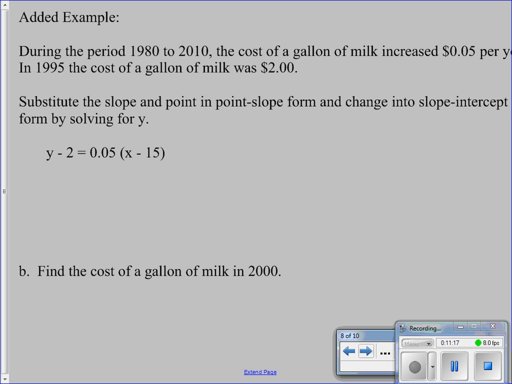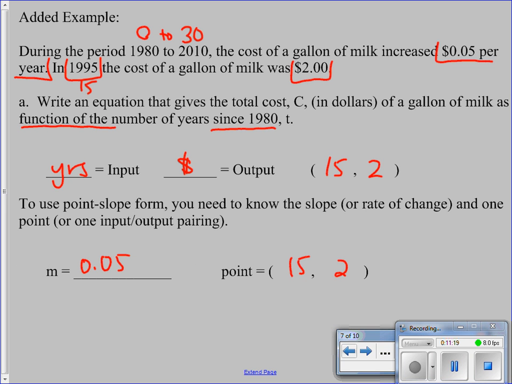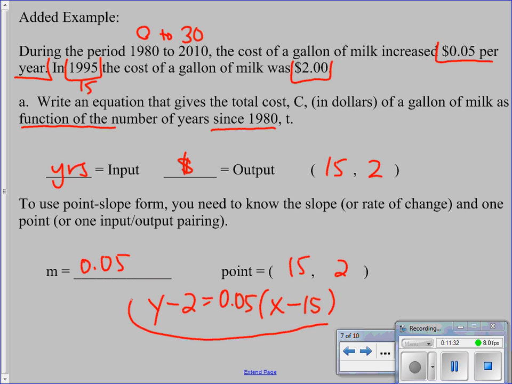So I'm going to write this in point slope form. Sorry, I jumped ahead. Y minus, well, my y value is 2. My slope is 0.05. My x minus 15. There's my point slope form.